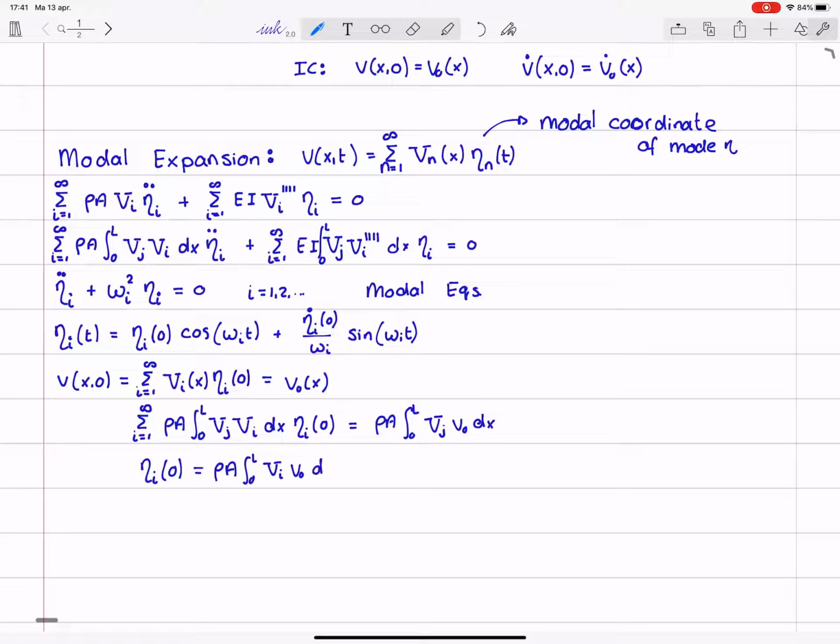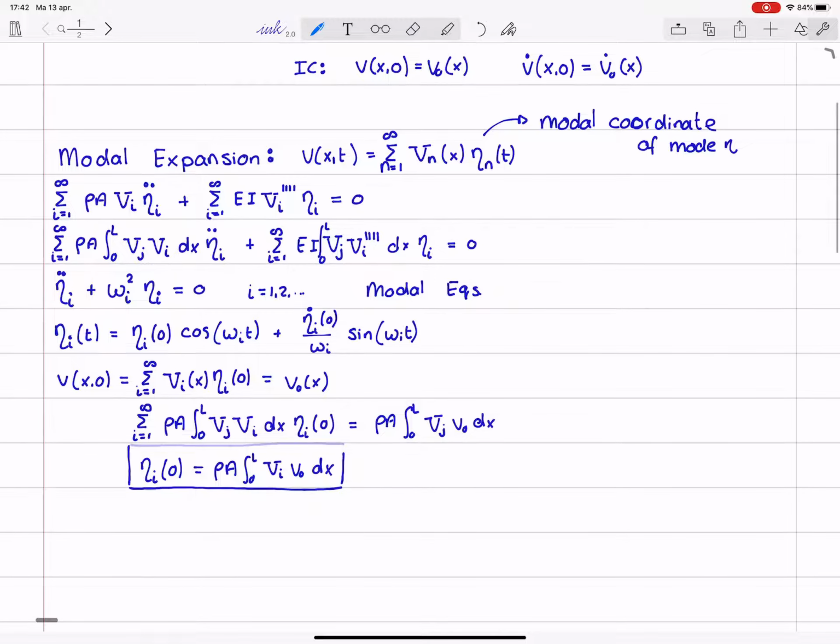So as soon as you know the natural frequencies and modes, and you have mass normalized the modes, then Vi is known. Then as soon as the initial deflection is specified, V0 is known, and eta i at 0 can be computed by doing this integral.